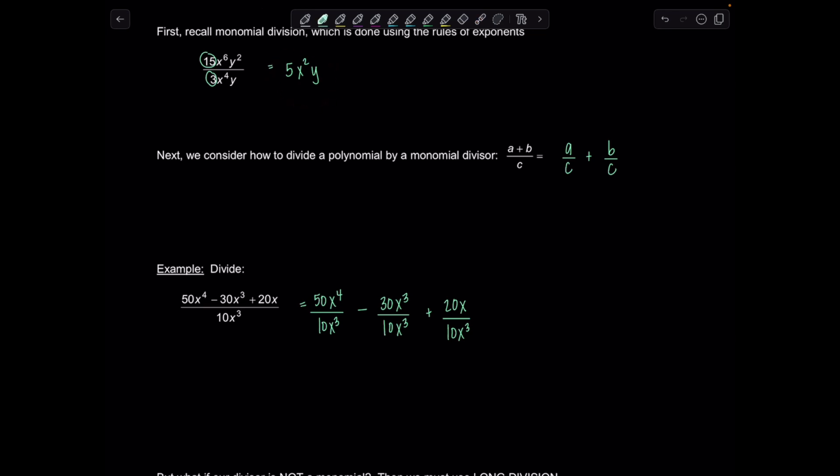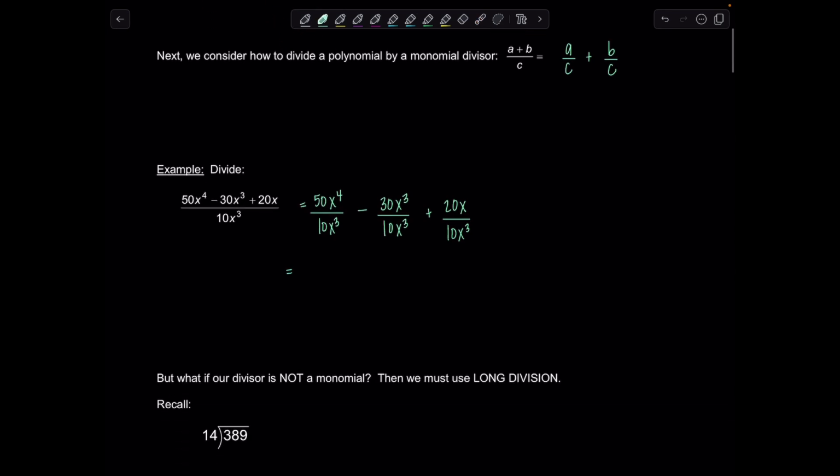Okay, so let's see what we're going to get now. 50 divided by 10, that'll cancel to 5, and then we have x to the 4th over x cubed, which is x to the 1st, minus, the next term's just going to be 3 because x cubed cancels out. And then lastly, this is akin to having a remainder.